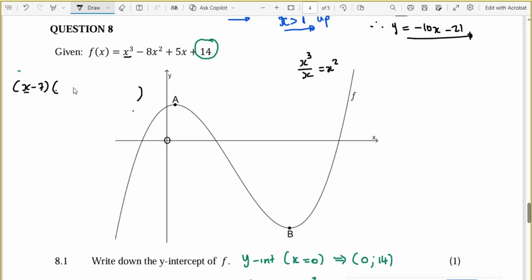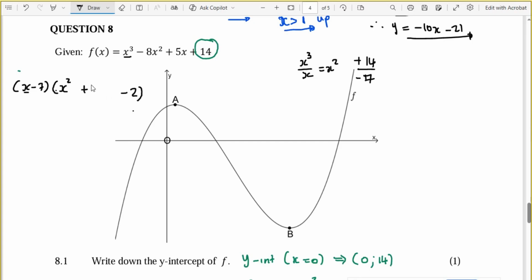The answer that you get, you write it down here, x squared. And then you take the positive 14, with the sign, and divide that by minus 7, which gives us minus 2. So this part here will be minus 2. You're still with me? Yes.